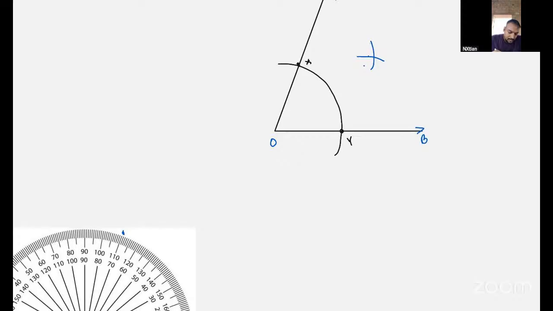Then join this line. Okay. Got it, everyone?